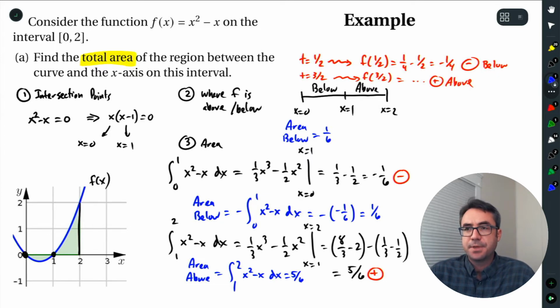All right, so we have our area below, it's 1/6. We have our area above, it's 5/6. And so to get the total area is just these two values added together.